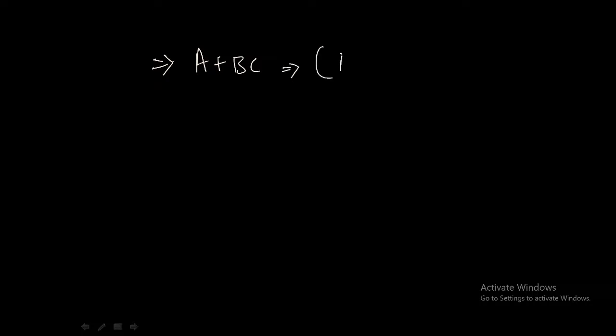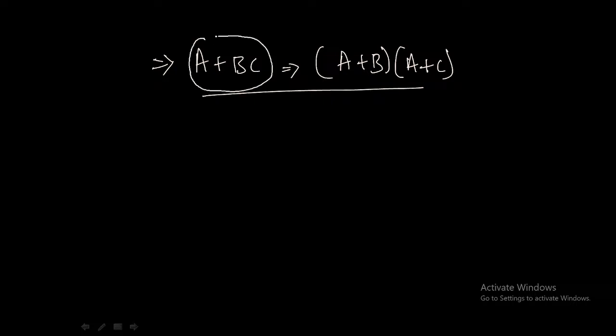It can be expanded as (a plus b) into (a plus c). This we have already seen in our previous sessions. A plus bc is not a standard canonical form, because the first term is missing b, and the second term is missing a. So you can expand this using (a plus b) into (a plus c).